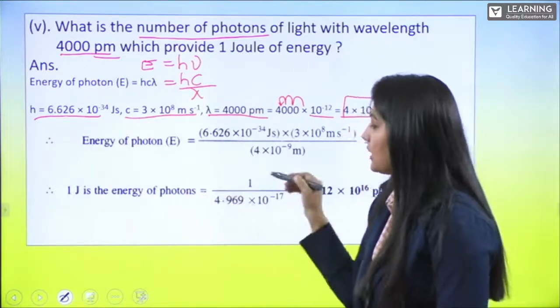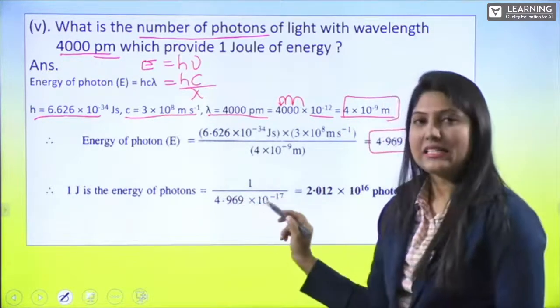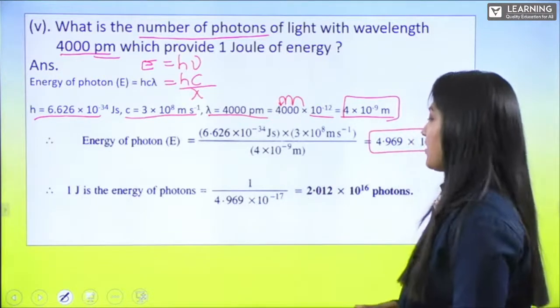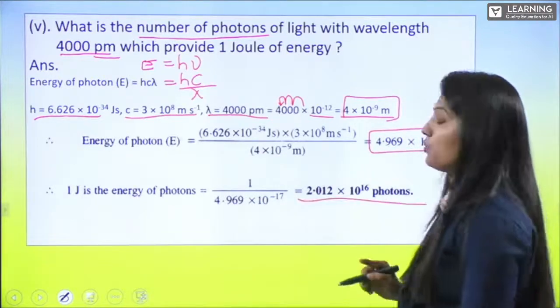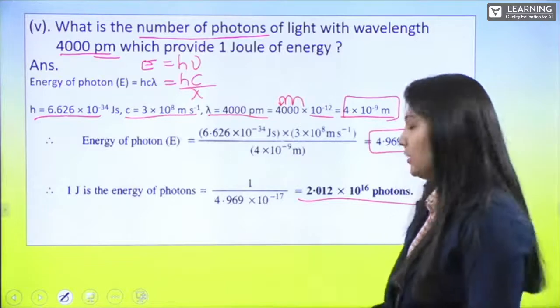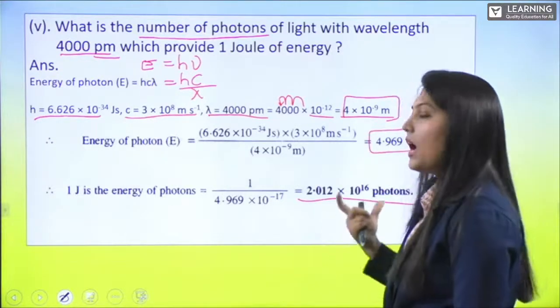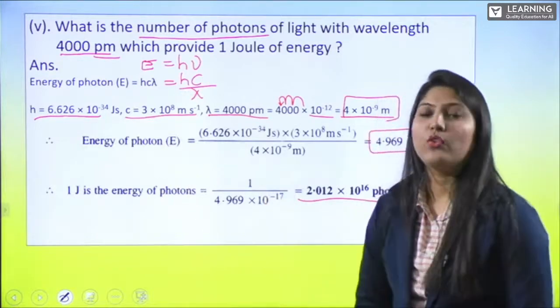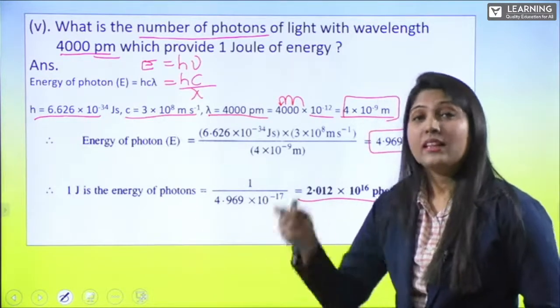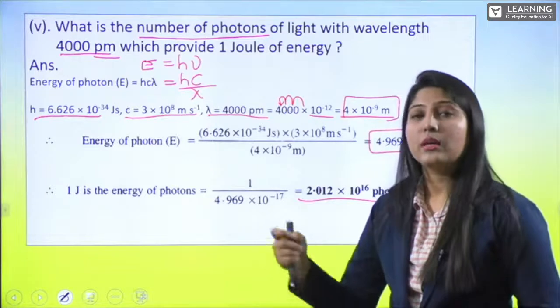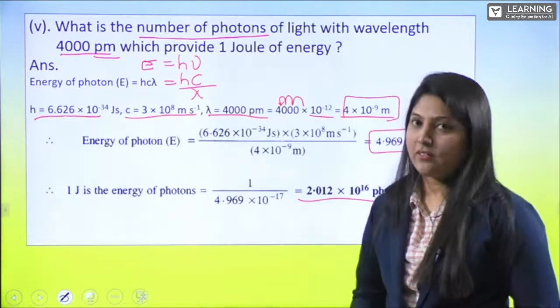For 1 joule, it will be 1 divided by 4.969 into 10 raised to minus 17, where we get 2.012 into 10 raised to 16 photons. So these many photons are present in 1 joule of energy, where the light has 4000 picometer as wavelength.